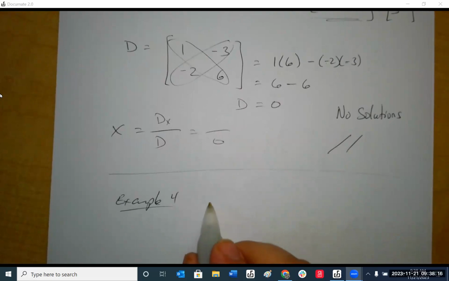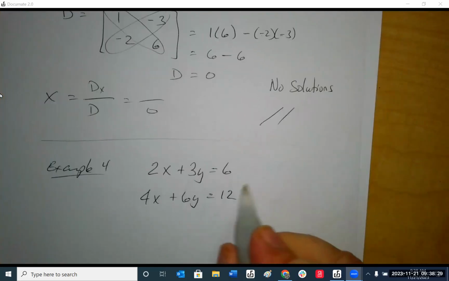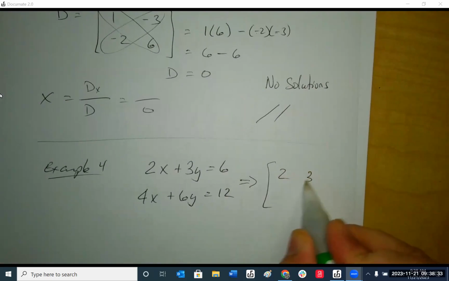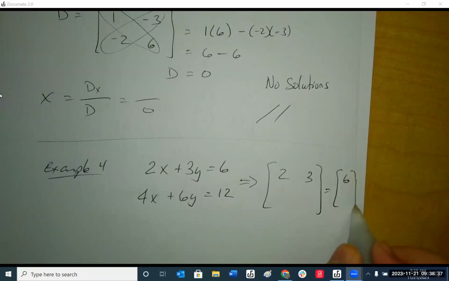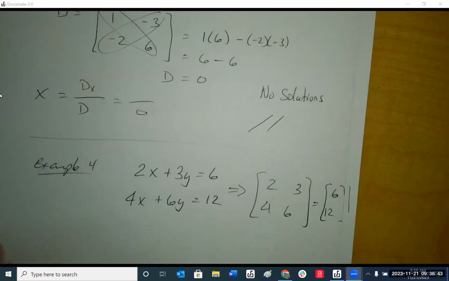And example 4, 2x plus 3y equals 6. 4x plus 6y equals 12. Convert this into matrices. 2, 3, 6, 4, 6, 12.